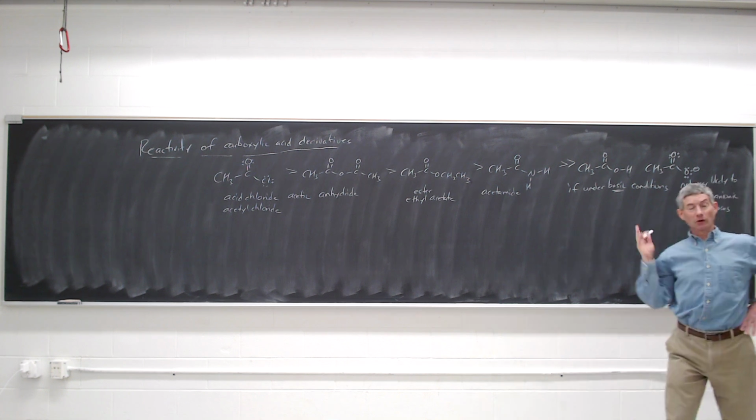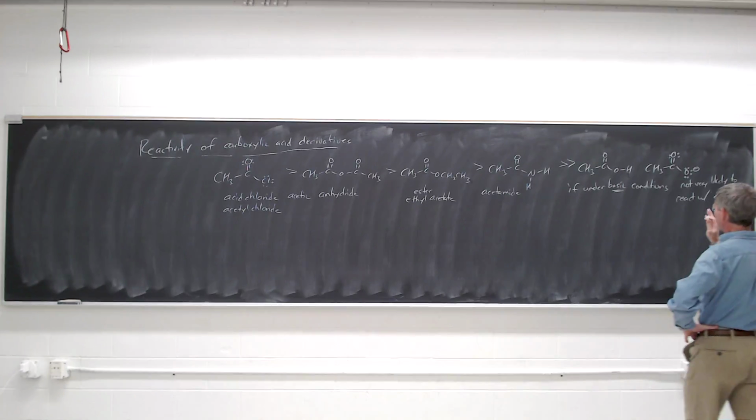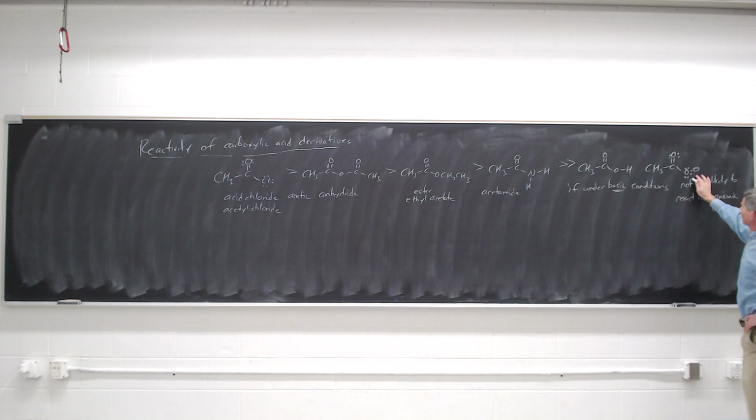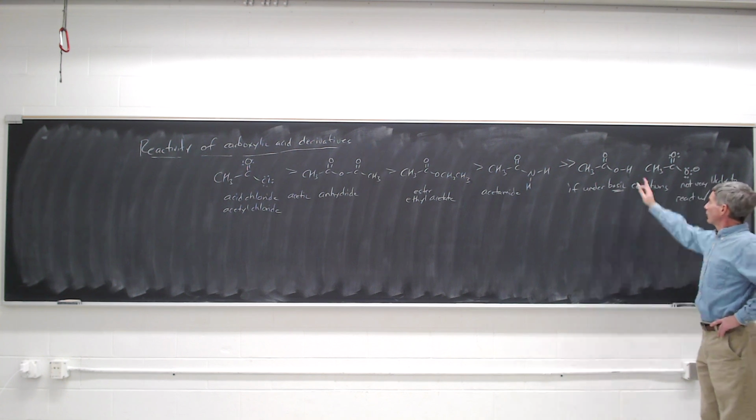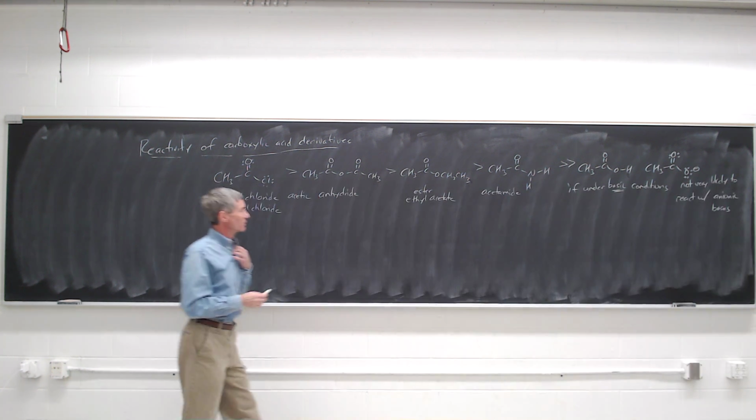So when we say that the carboxylic acid is the least reactive of the derivatives in this sequence, we're not really talking about the carboxylic acid. We're really talking about the carboxylate ion. Under acidic conditions, the carboxylic acid can be more reactive than the amide.